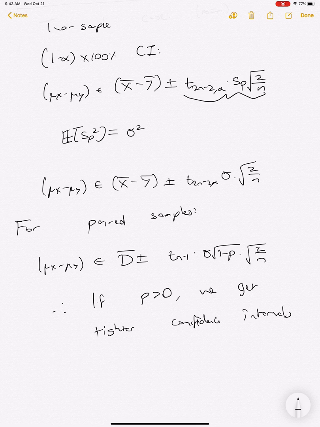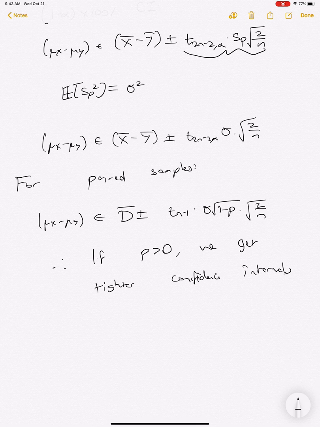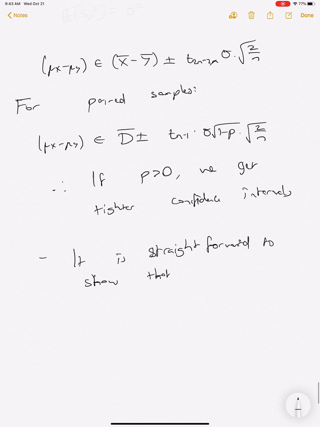One thing to note here is that it is straightforward to show that d bar is equal to x bar minus y bar.